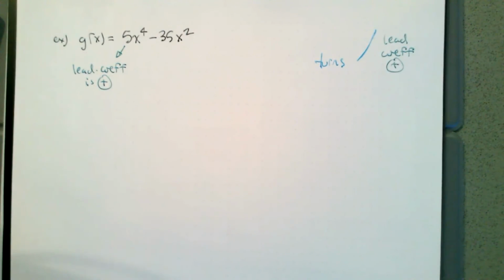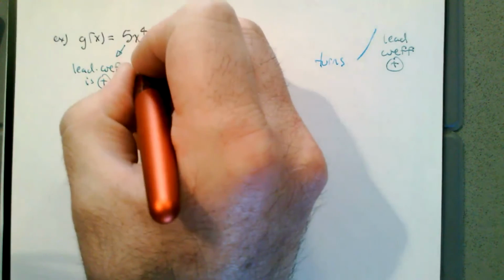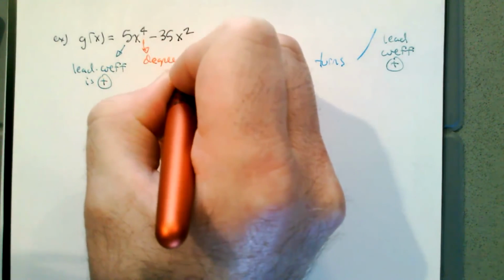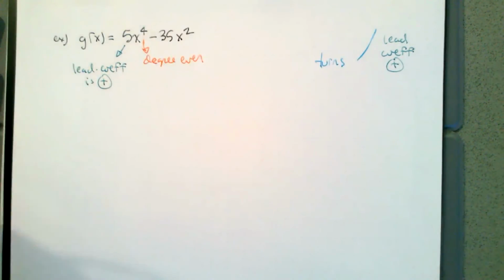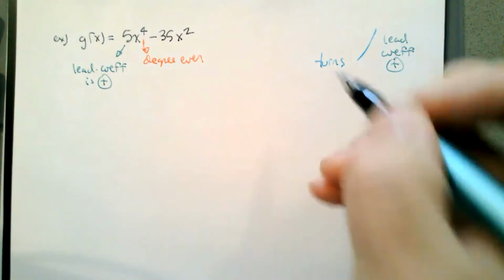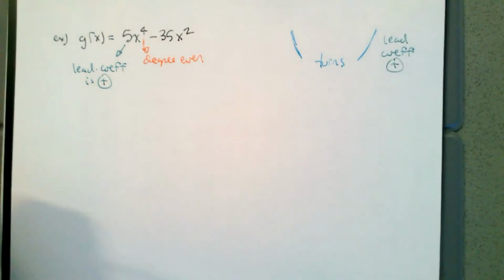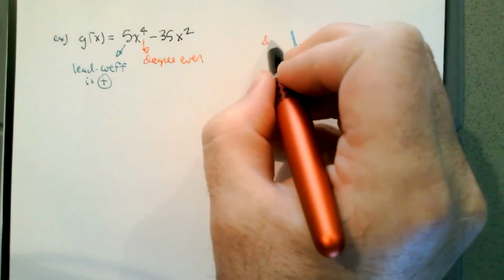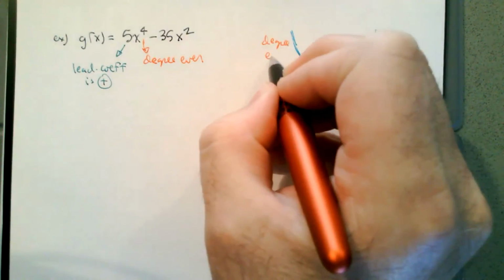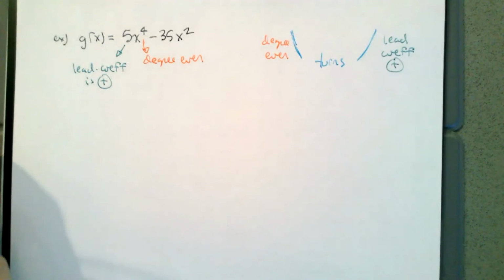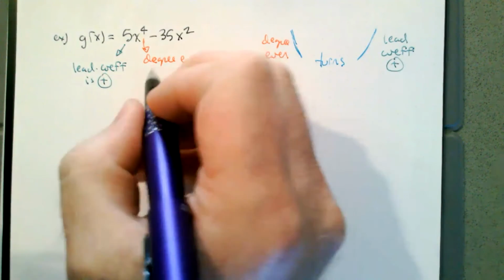The degree is even, so the left side is the same thing as the right side. The degree is equal to 4.